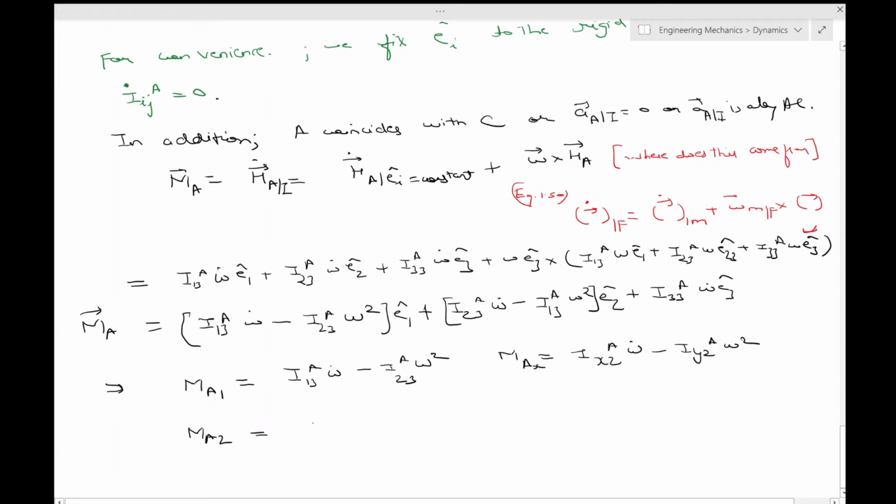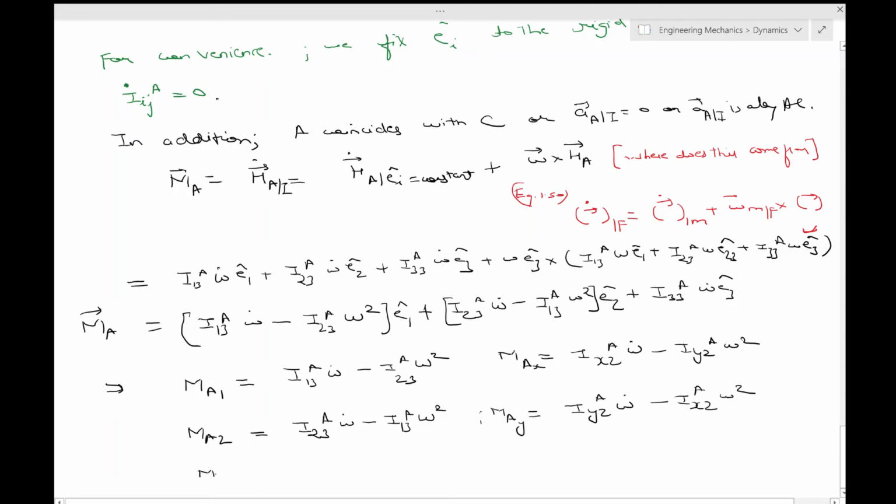The second component would be I23A omega dot minus I13A omega square. MAY is equal to IYZA omega dot minus IXZA omega square.